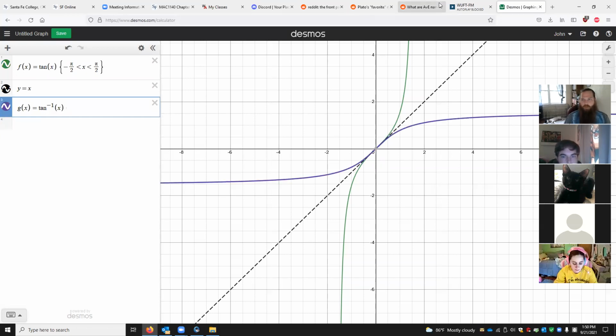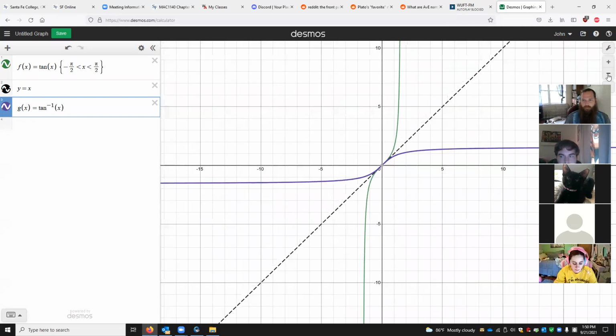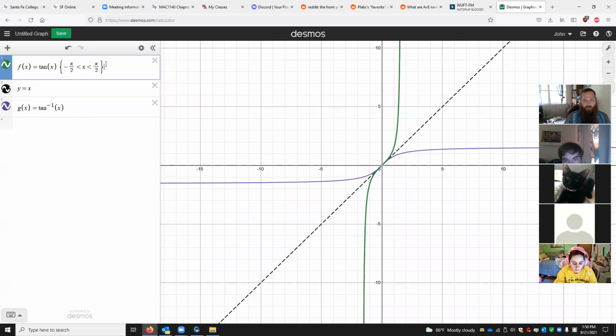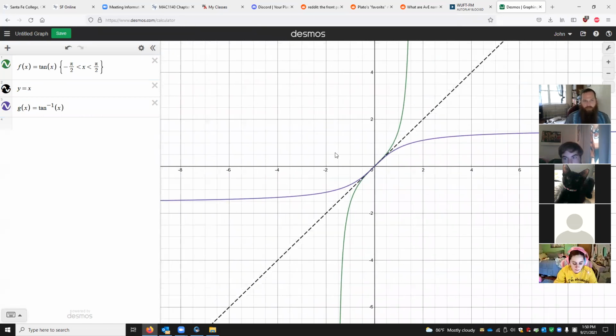Which looks like this. And again, symmetric about that line. If I throw away this restriction, then I cannot invert. But with the restriction, I can. And the desired symmetries are present.